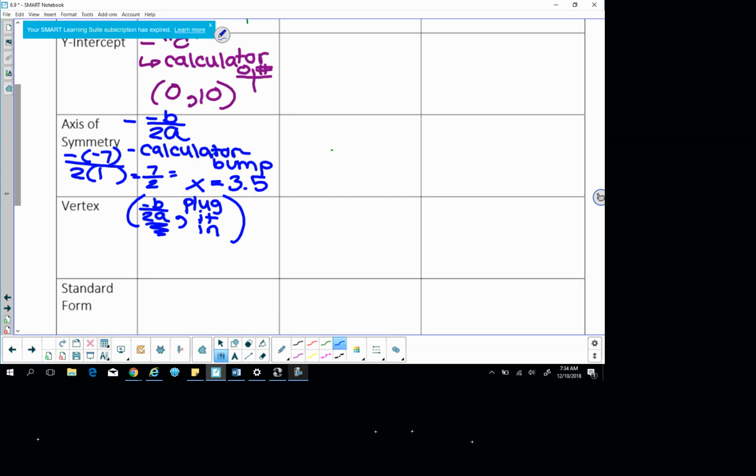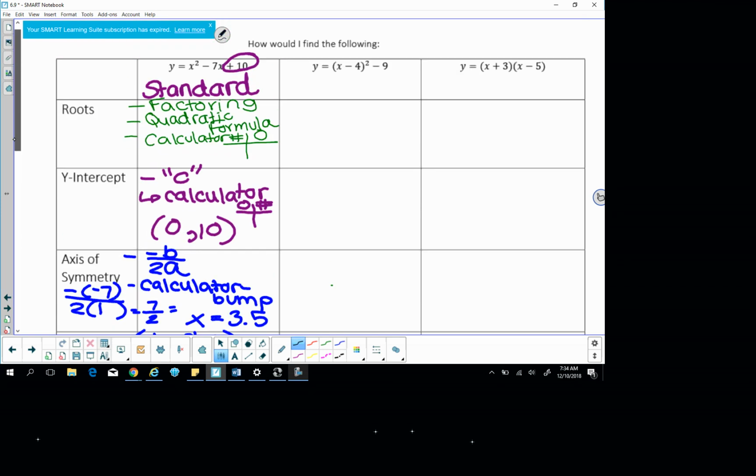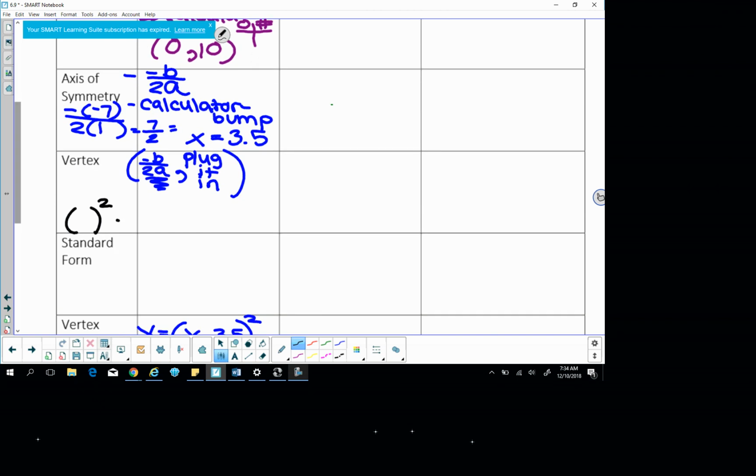So do you guys see how it's a decimal? Because it's a decimal, it wouldn't show up in your calculator. And so I know when I write this, y equals x, and remember it's the opposite, so minus 3.5 squared. And to get my y, I just plug it in. So I'm going to rewrite the original equation, but instead of x, I'm going to put parentheses, squared minus 7x.